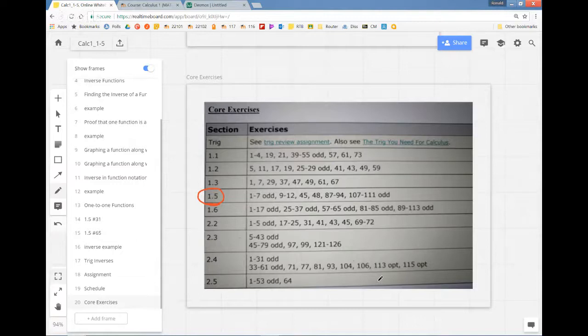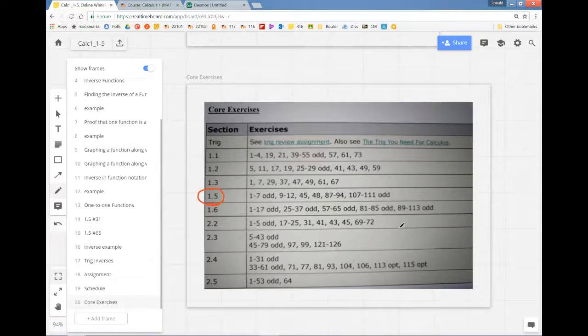Does odd mean all odd numbers? So when it says 1 to 7 odd, that means 1, 3, 5, 7. 9 to 12 means do all of them: 9, 10, 11, 12. 87 to 94 means 87, 88, 89, do all the ones in that section. 107 to 111 odd means just 107, 109, 111.